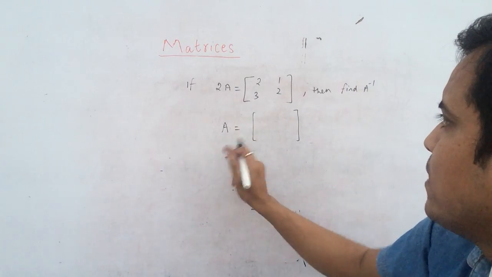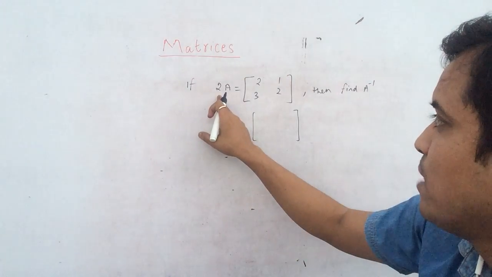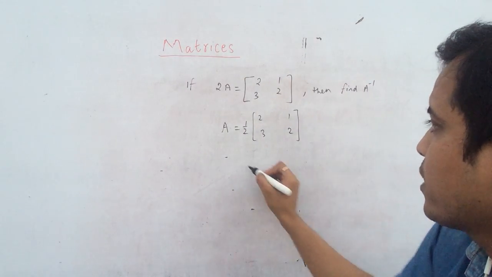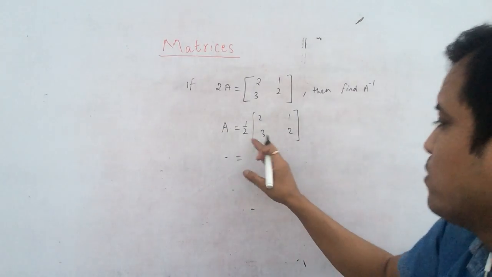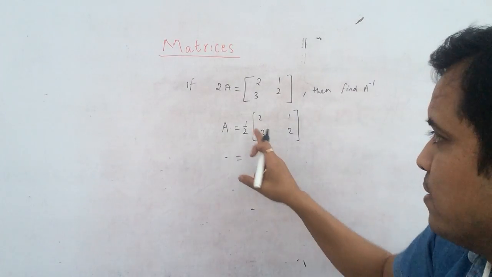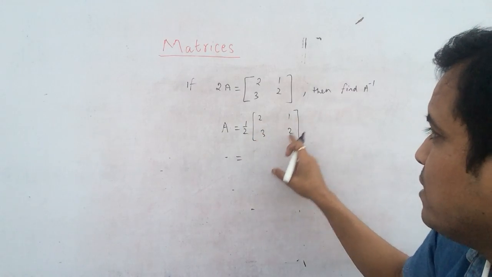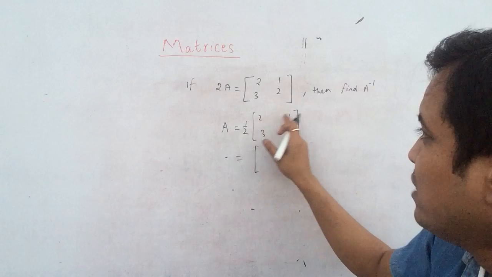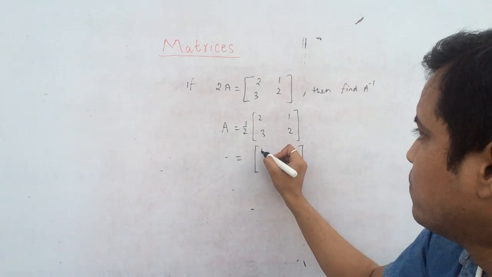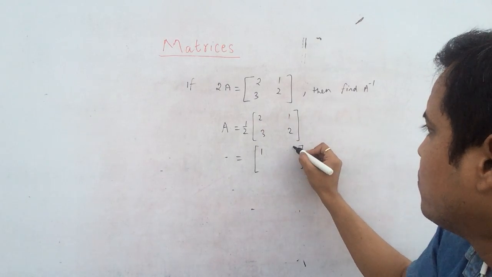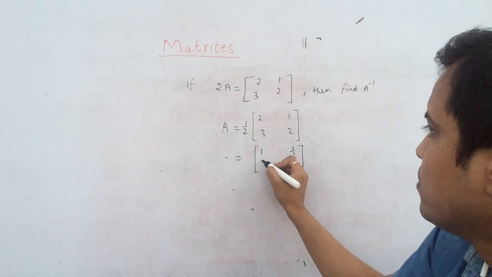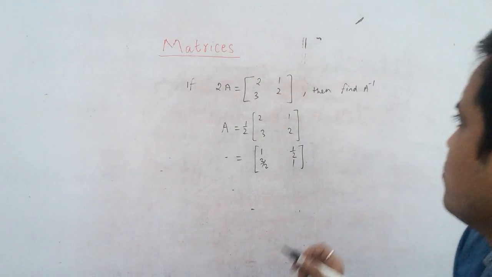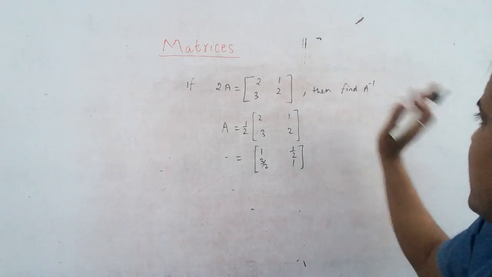If you divide both sides by 2, this 2 will be eliminated, so A becomes 1 by 2 times the matrix 2 3 1 2. Move the 1 by 2 inside; you know that 1 by 2 will go with every element in the matrix. So 1 by 2 into 2 would be 1, 1 by 2 into 1 would be 1 by 2, 1 by 2 into 3 would be 3 by 2, and 1 by 2 into 2 would be 1. You found what A is.